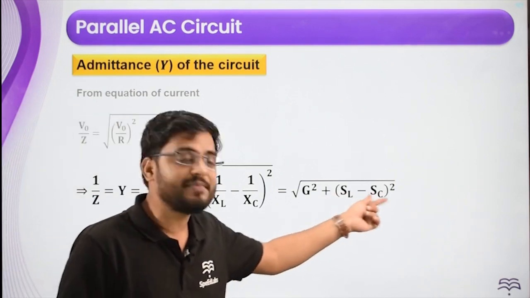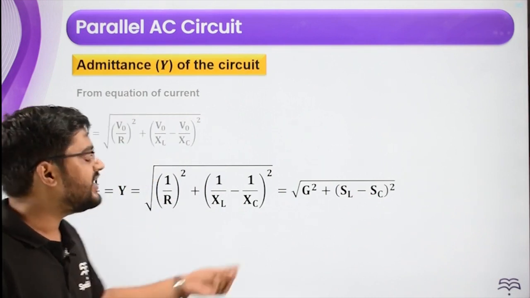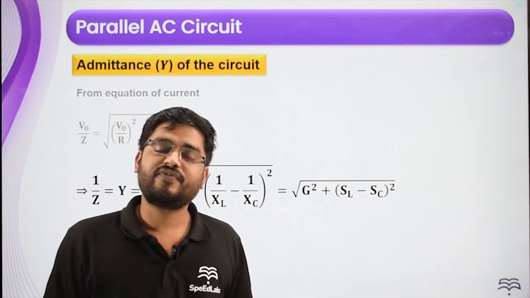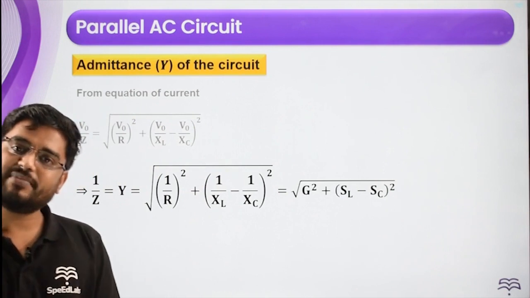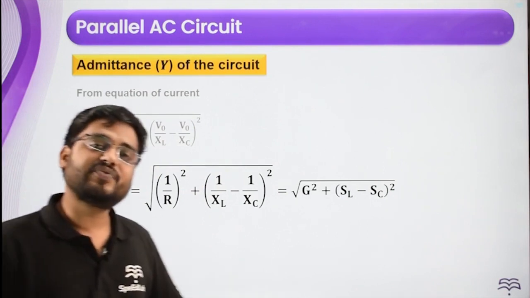Here they have used SL minus SC. You can use SC minus SL as well. It will be only phi which will differ, right? If we are changing their order, then phi will become negative phi, or we'll say current rather than leading, it will lag.